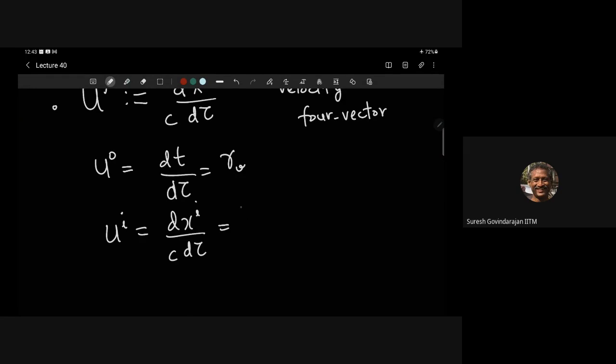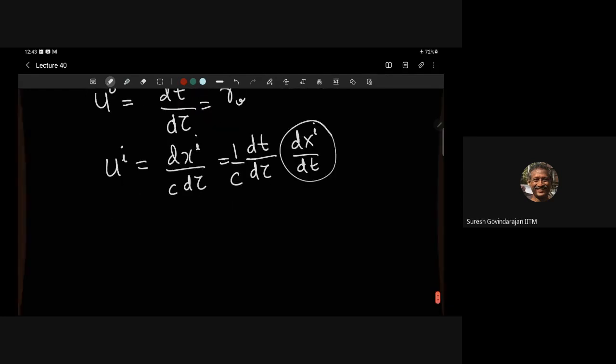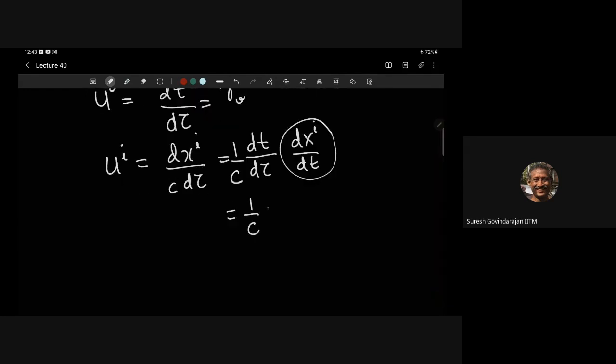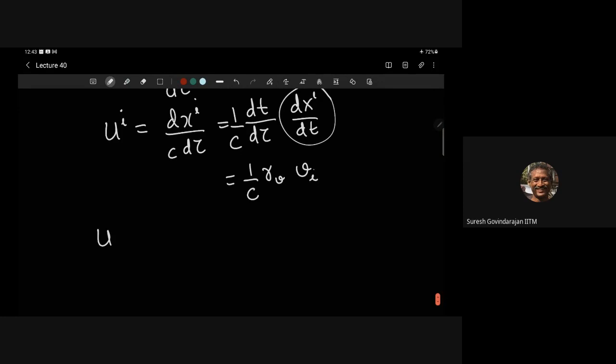We can write it as dt by d tau, into 1 by c, times dxi by dt. What should we call this? vi. So we got the components of this 4-vector. So u mu can be written like this: gamma of v times (1, v vector by c).